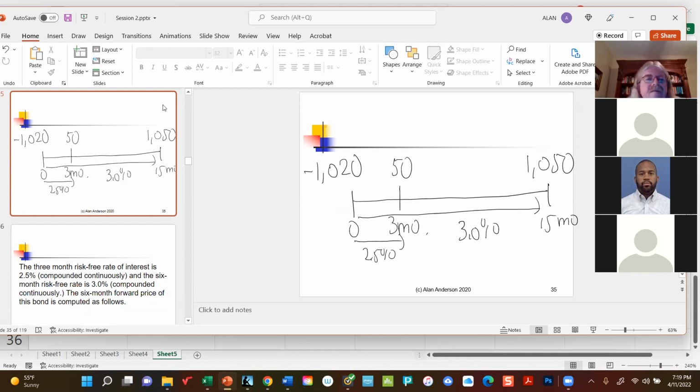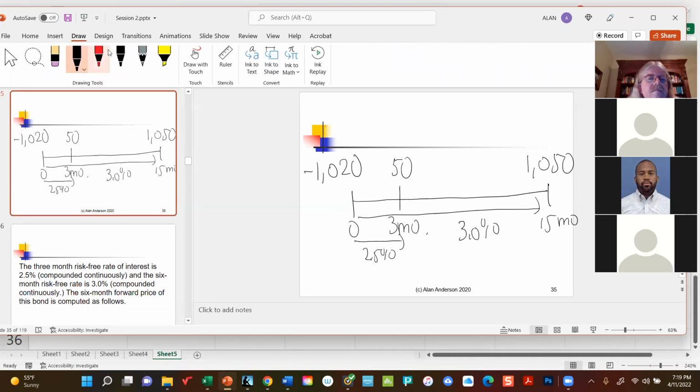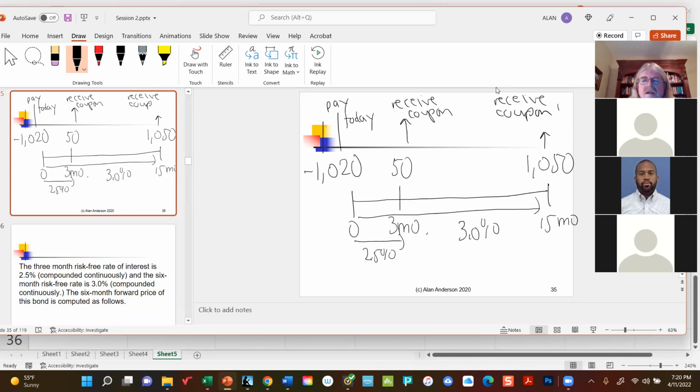So we pay today, receive a coupon, and then at the end, as you know with a bond, you receive the last coupon plus the face value.